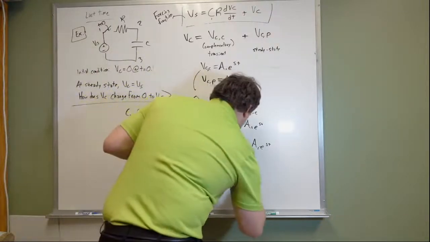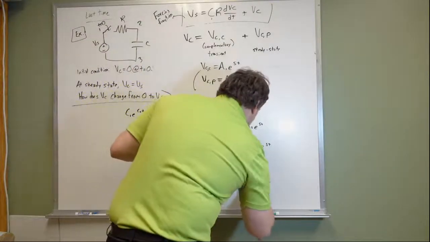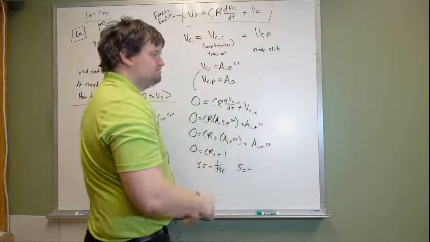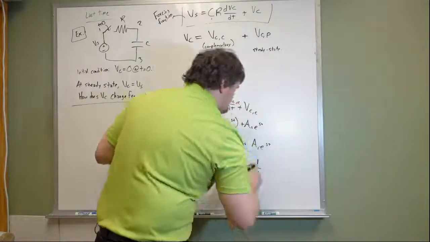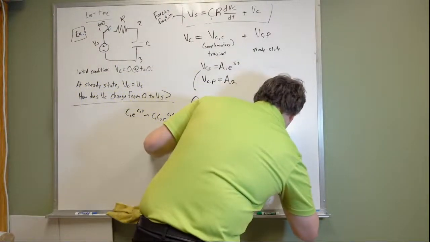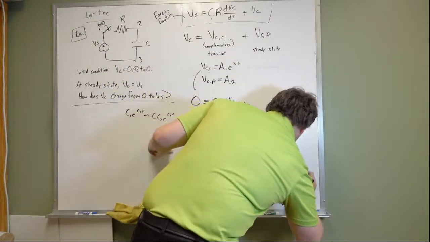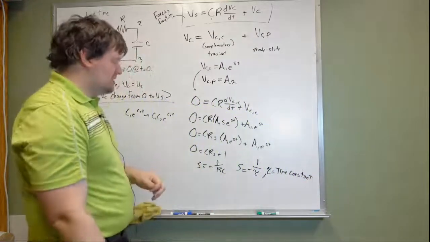We're going to introduce a new value here. This is called the time constant. S is equal to 1 over tau, where tau is the time constant. Now, what's so important about the time constant?